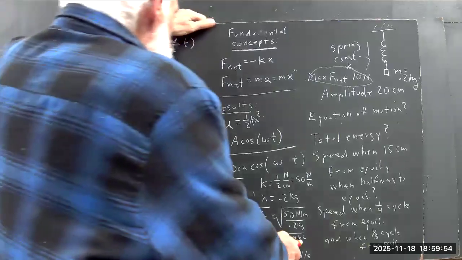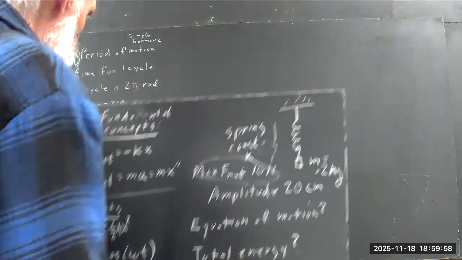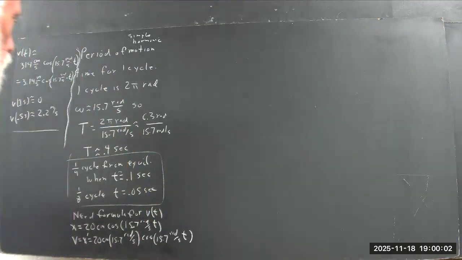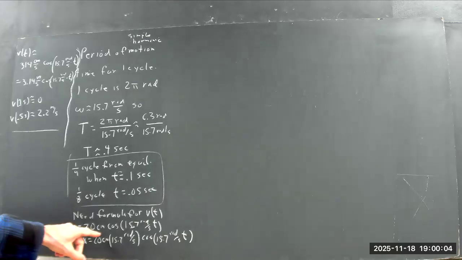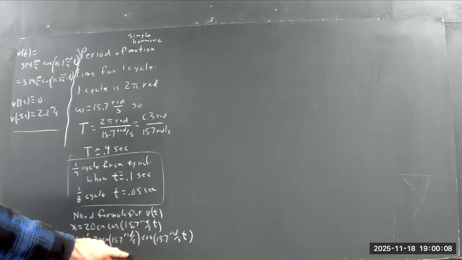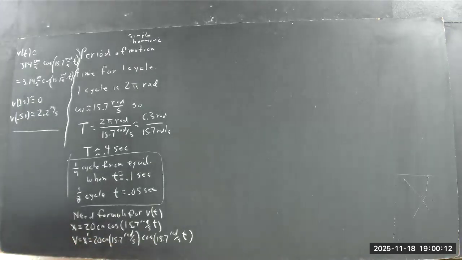Cycle was 0.4 seconds, quarter of a cycle 0.1 second, eighth of a cycle 0.05 seconds. We used our equation of motion for x, took its derivative, got the equation for velocity as a function of time, and plugged those numbers in, and that's what we got.